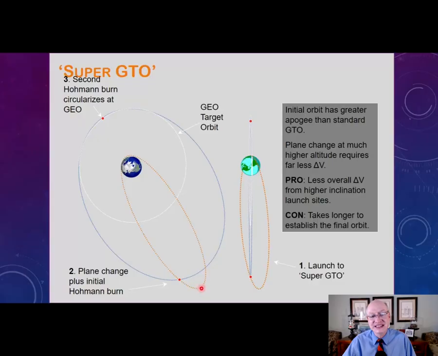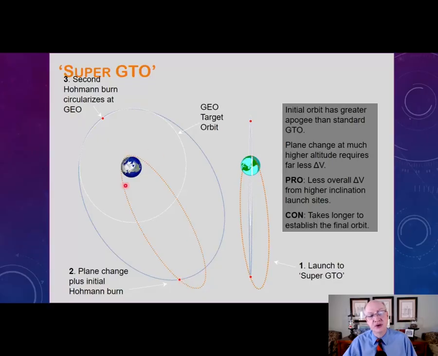If you wait until the satellite is moving really slowly up here and do your orbital plane change then, or in fact, what you have to do is design this orbit so that at some point high above geostationary orbit, you're crossing the Earth's equator. That's when you do your plane change. And the thing is, from the vis-viva equation, you're traveling so slow up here that the energy required to do your orbital plane change is significantly less. So you can save a lot of energy on your plane change.